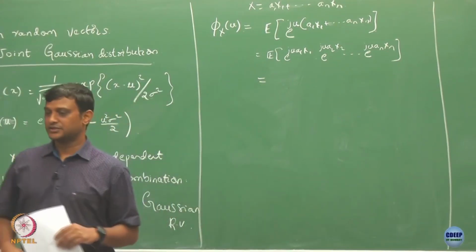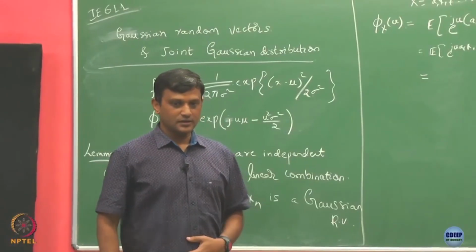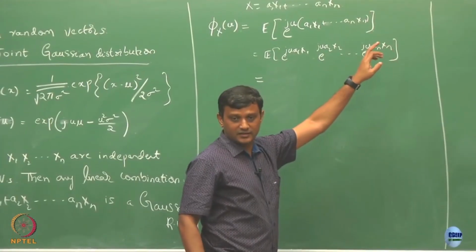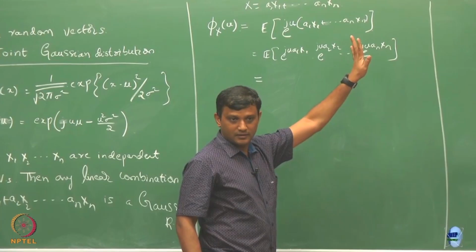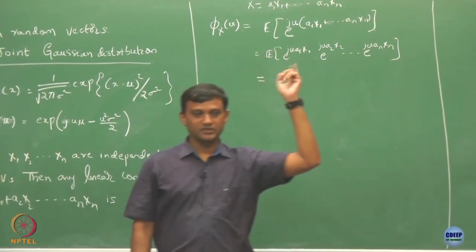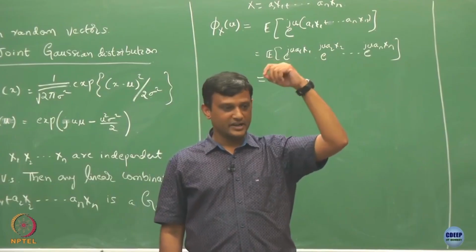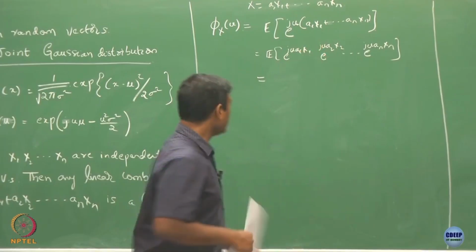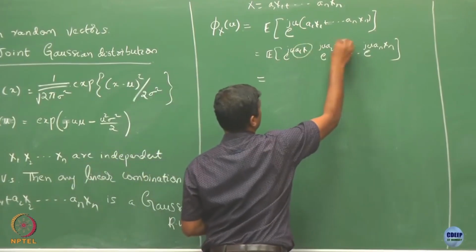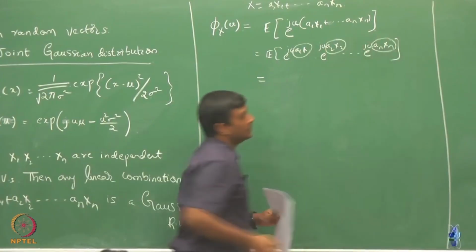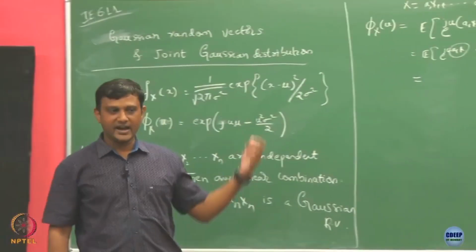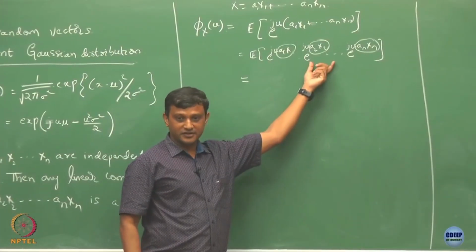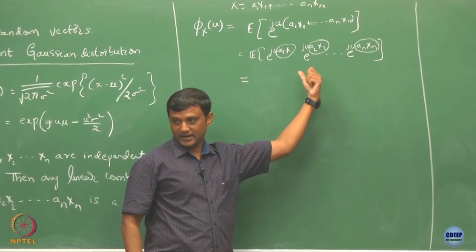Now that x1, x2 are independent, do you think a1 x1, a2 x2 and an xn are also independent? If x1 and x2 are independent, suppose x1 I multiply by a1 and x2 by a2, will a1 x1 and a2 x2 also be independent? So these random variables are independent. Now if they are independent, can I write this expectation as the product of the expectations of each of these terms? If they are independent, I should be able to do this.